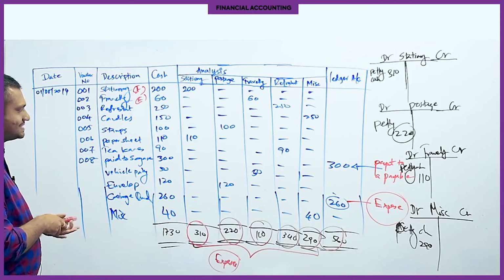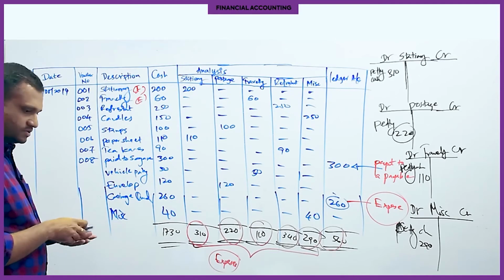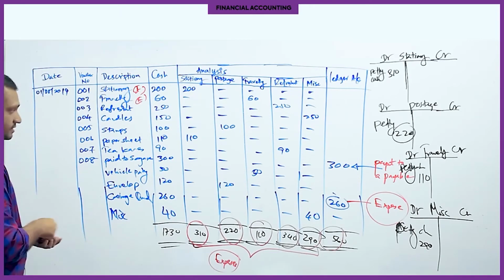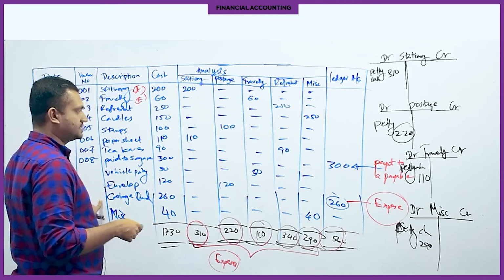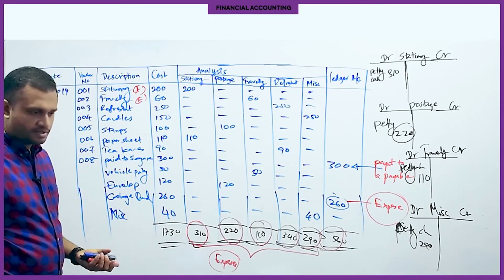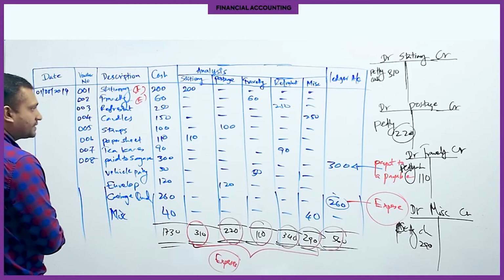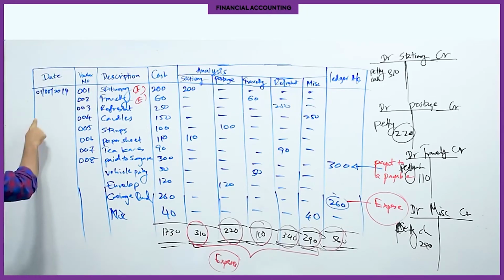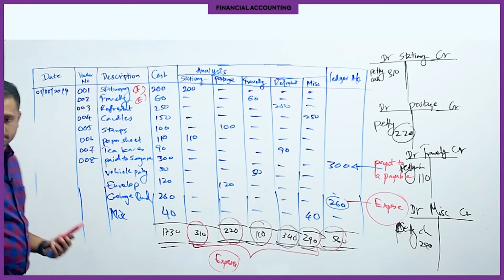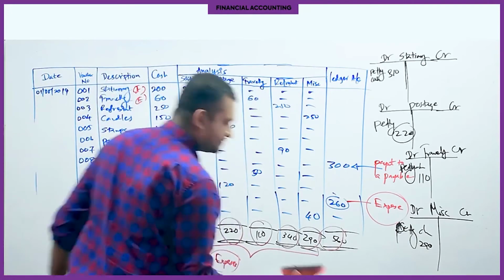So, other than these, what we also have is something called carriage inward. So, this is some kind of expense, right. So, carriage inward is also an expense. So, it will also appear in the ledger account. We will see.